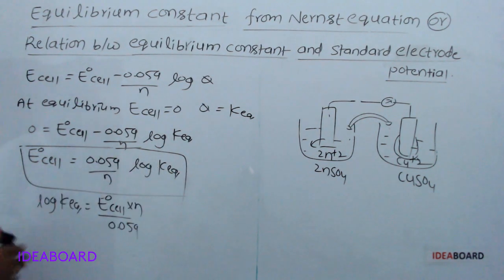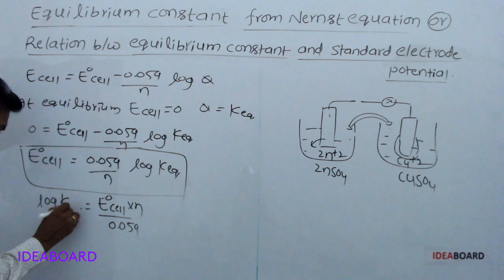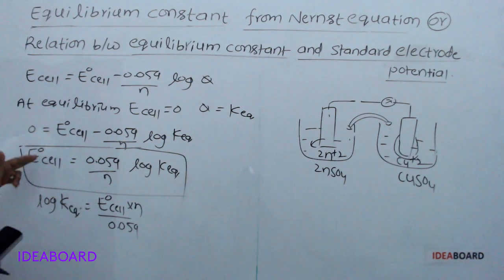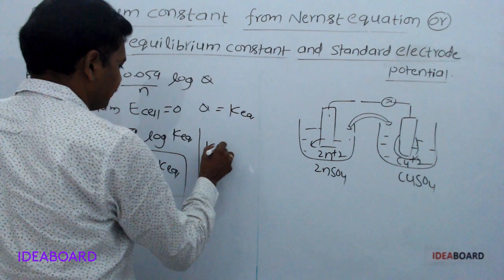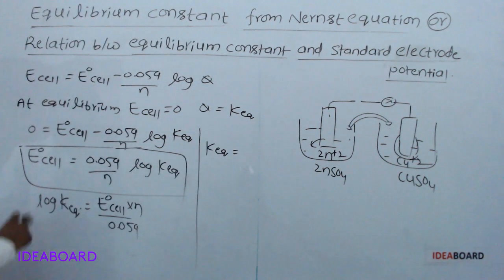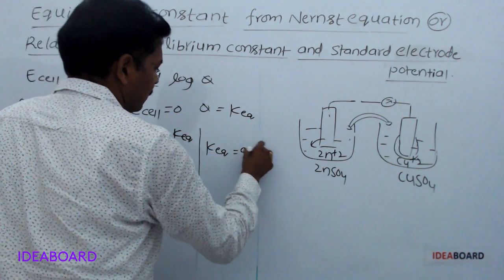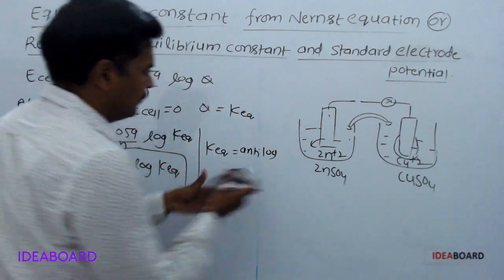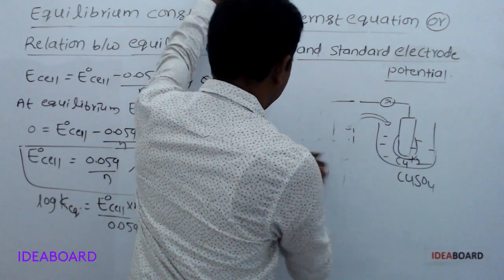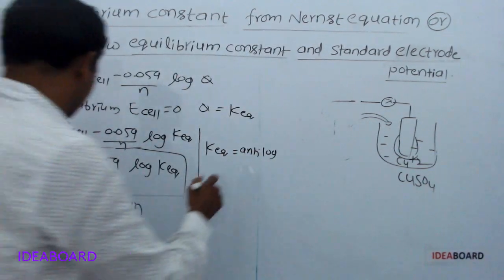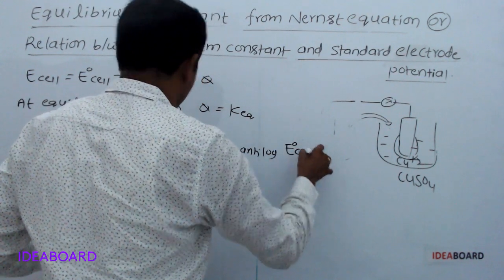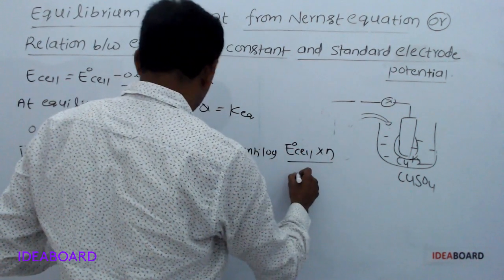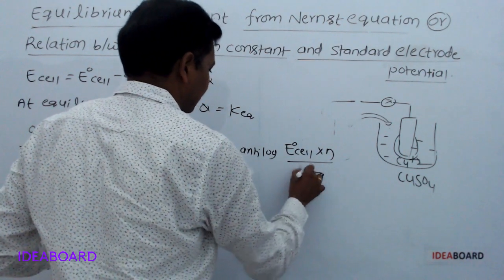From this, K, equilibrium constant, is equal to antilog of E naught cell into n divided by 0.059.